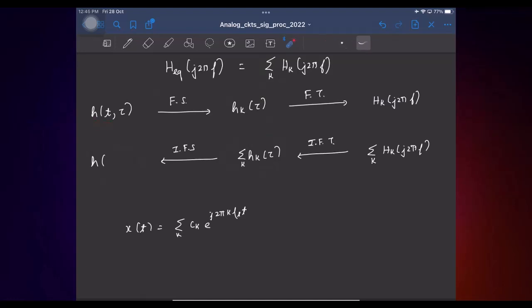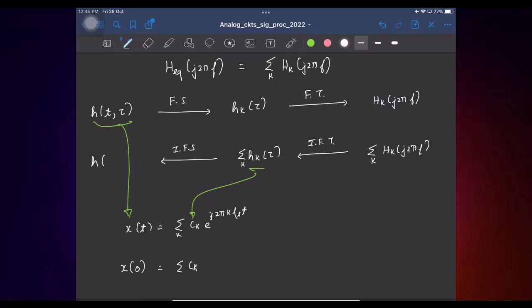Let us say this is that signal, and I can expand it like this, and this h_k is basically this c_k. So if I were to get the summation of c_k, what is this equal to? This is x(0), where t is 0.